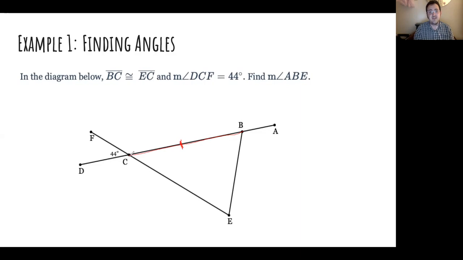And then I have EC as well, that is congruent. And it tells us that DCF is equal to 44 degrees, and they already have that marked in the picture. And they are asking us to find ABE. So I'm just going to get another color here, and I'm going to trace out ABE.